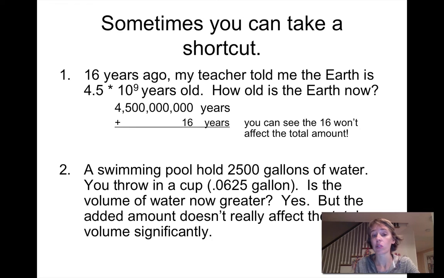Same thing if you have a swimming pool that holds 2,500 gallons of water and you throw in a cup. Yes, there's more water in there now, but the added amount isn't really affecting the volume so significantly that you should report it as 2,500.0625 gallons.